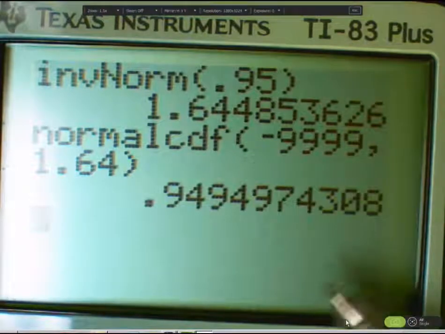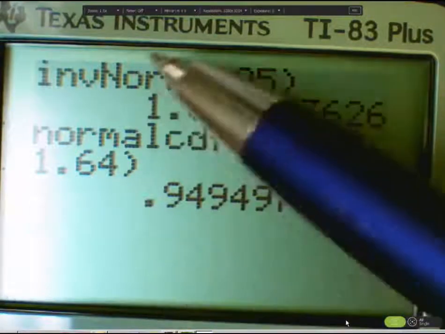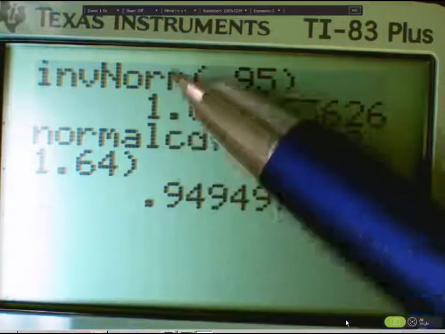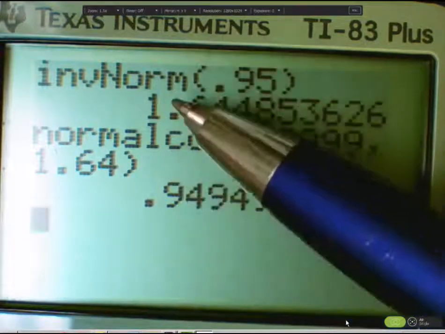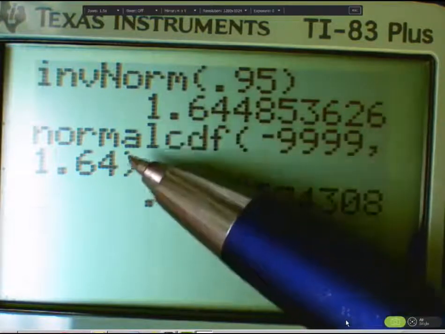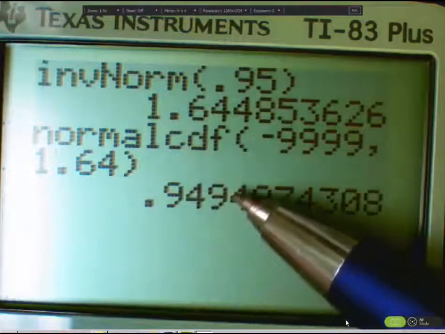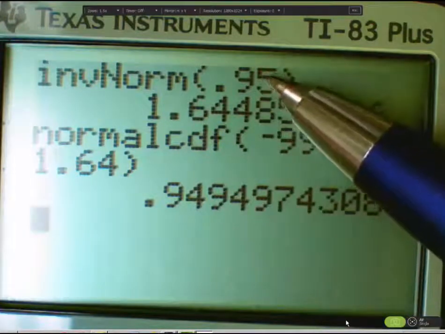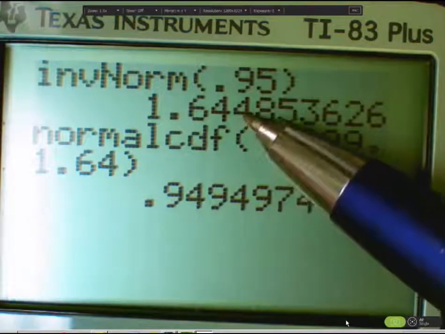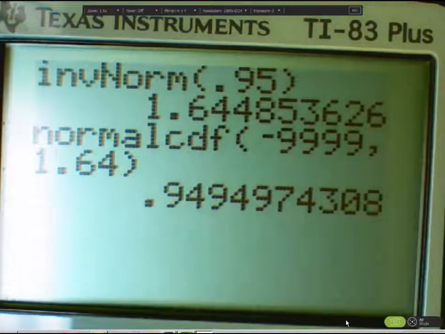It's about 95%. These two operations, inverse norm and normal CDF, they undo each other. If I give you a z-score and ask you for a probability, then I should be able to check that by giving you a probability and making sure that I get back the same z-score.